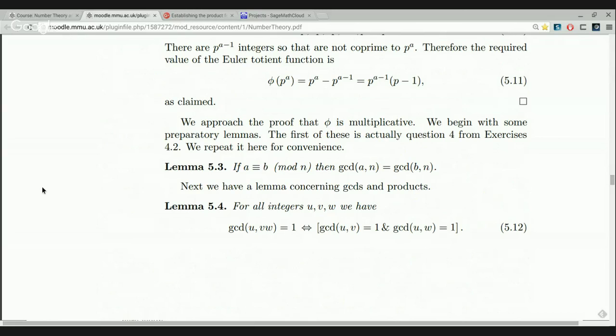It says that U is co-prime to a product VW if and only if it's co-prime to V and co-prime to W. So you are co-prime to a product, V times W, if and only if you're co-prime to V and you're co-prime to W. So being co-prime to a product is exactly the same as being co-prime to each of the factors in the product.